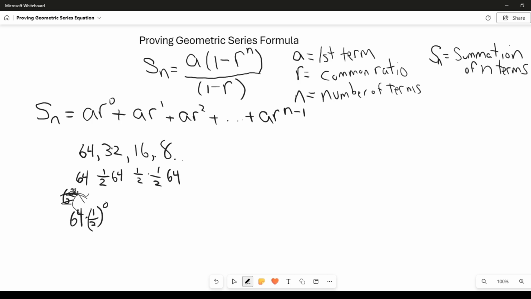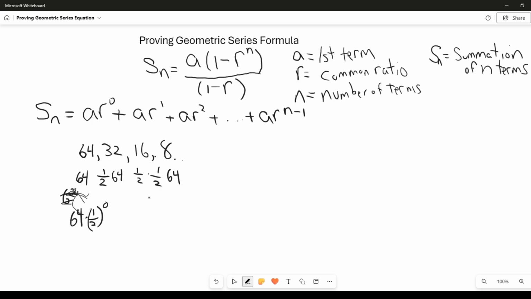Then the second term, 32, is r to the first power, which is the r to the 1. Then for the next term you're doing a half times a half times 64, which is a half squared. That's where the r squared comes from. And then if you wanted to get 8, it would be a half times a half times a half times 64, which is r to the third. And that would be the next term in this thing.